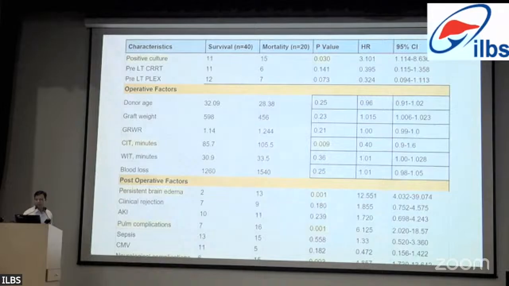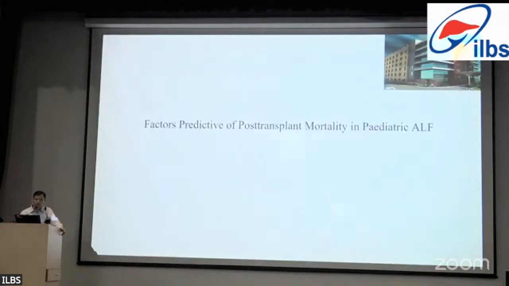Sepsis definitely determines the post-LT course. Among the operative factors, cold ischemia time came out to be significant. Among post-operative factors, persistent brain edema, which was there in the pre-transplantation period, and pulmonary complications, along with neurological complications, are the main factors which contributed to mortality in adult recipients.